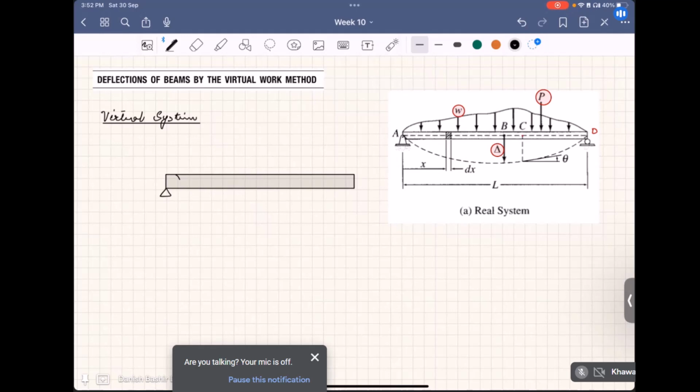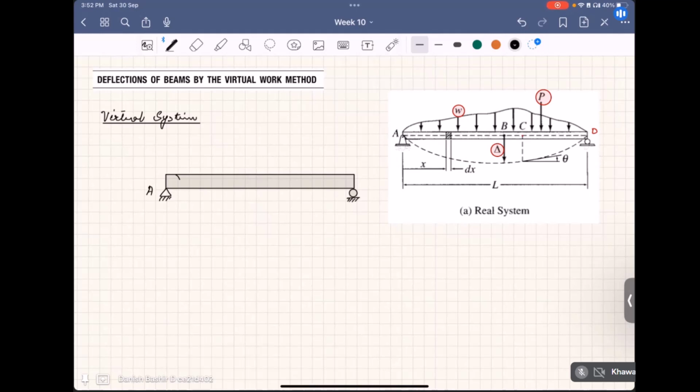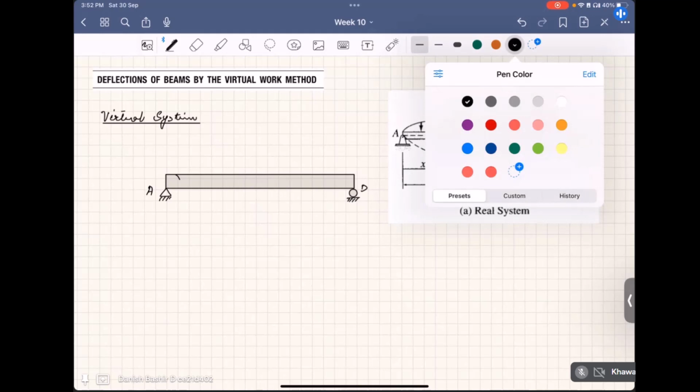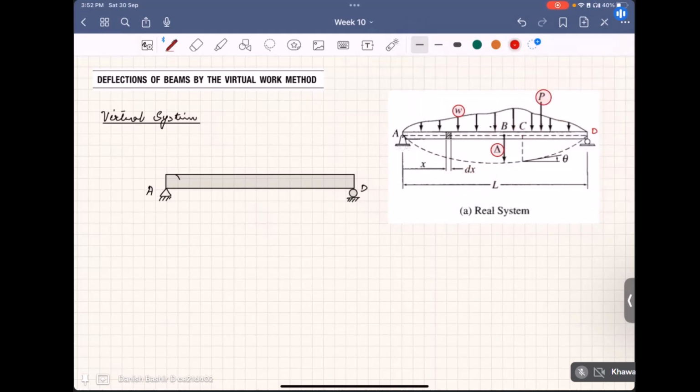Okay, the same beam, simply supported at points A and D. So it's point A, this is point D, and we are required to find the deflection delta. So for that deflection, we have to apply a 1 kN load at point B.